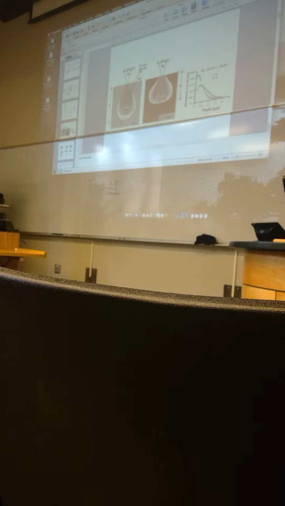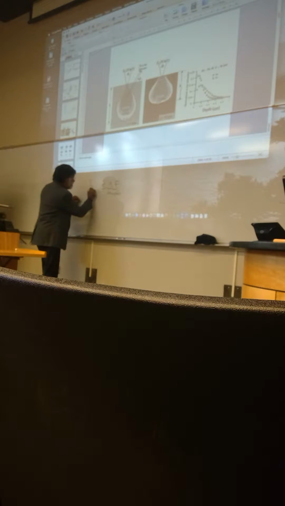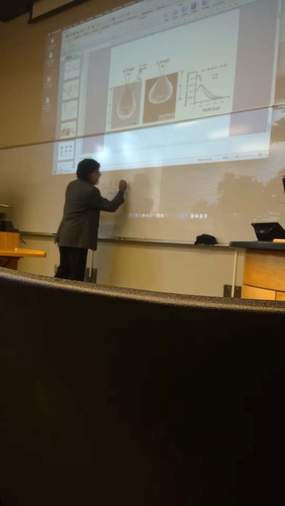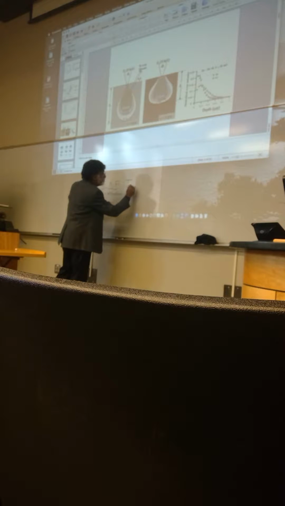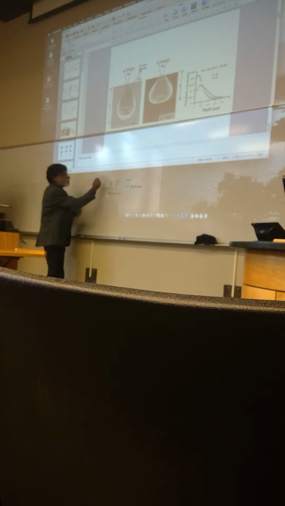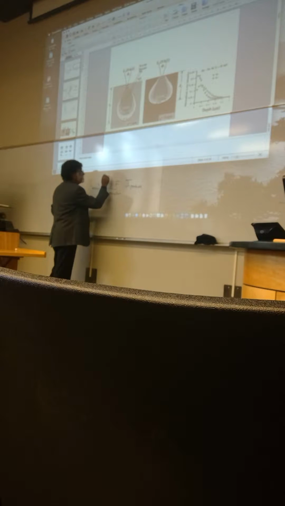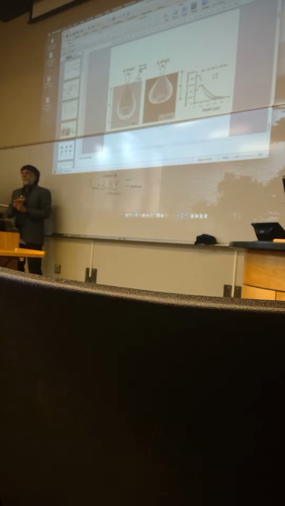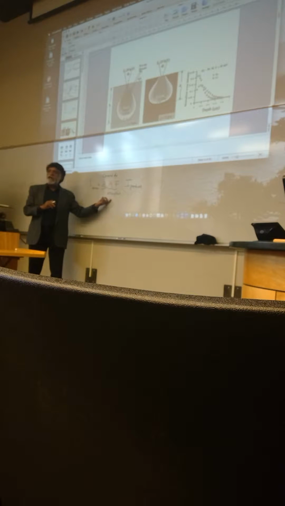So the intensity that you actually measure has to be corrected for the intensity that is produced. So you have to correct this, and this is typically called the ZAF correction.